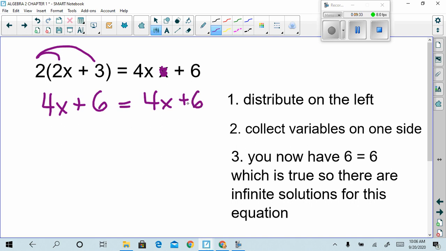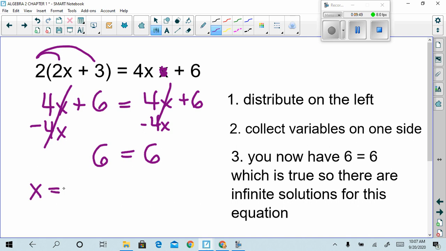Now you should notice right away that these two signs are equal, but if we follow along and collect our variables on both sides, the variables cancel out and I am left with 6 is equal to 6, which is a true statement. That means that x is equal to all real numbers, which means that there are infinite solutions.